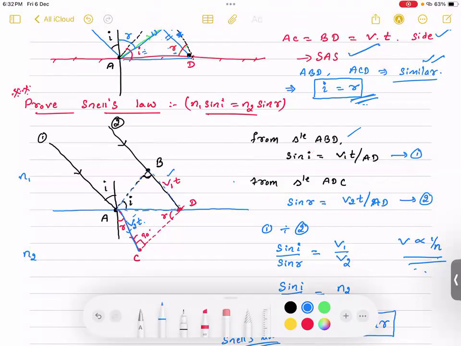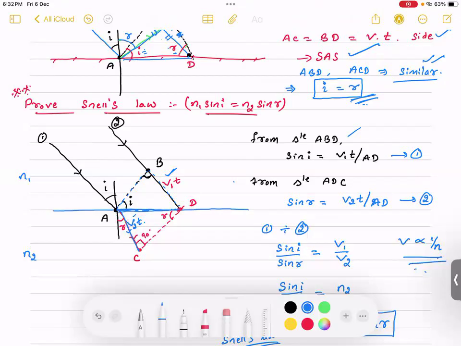Opposite by hypotenuse, no. Yes, sir. So what is opposite? V1T. What is the hypotenuse? AD, sir. So similarly in the triangle ADC, what is sin R? Opposite is V2T by AD.